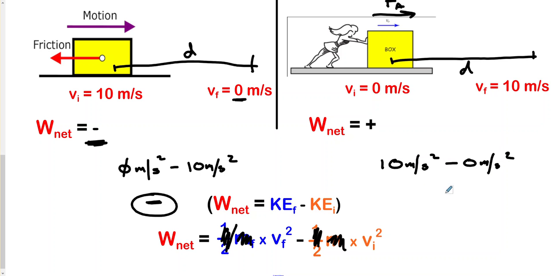And so when I solve for this, I would end up with a positive amount of work done. And that's what we said when we started, right? Since force and displacement are in the same direction, we would have positive work. So really, this is just another way for us to more mathematically describe why the work done is positive and why the work done is negative in this situation.